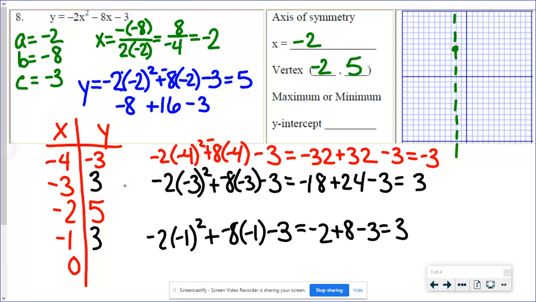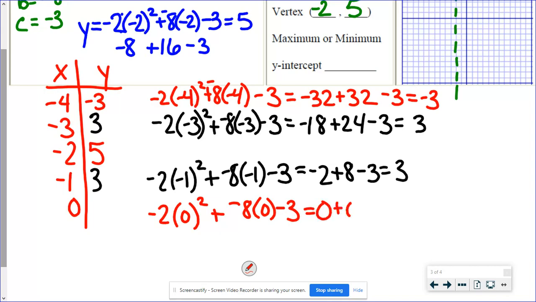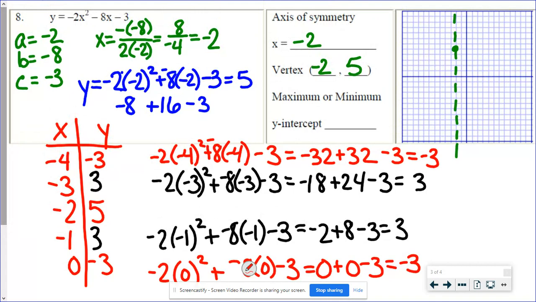The last one, again, my favorite, because it's going to be the easiest one now. Negative 2 times 0 squared, negative 8 times 0, and minus 3. So 0 squared is 0, times anything is 0. Negative 8 times 0 is 0. Minus 3 is going to be negative 3. And again, we've got that matching. That's what we wanted.